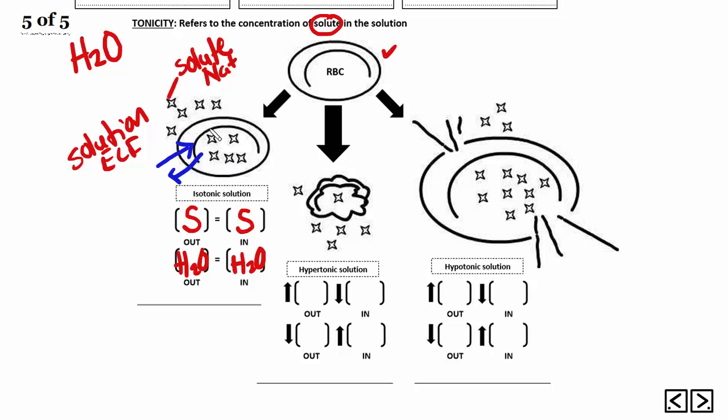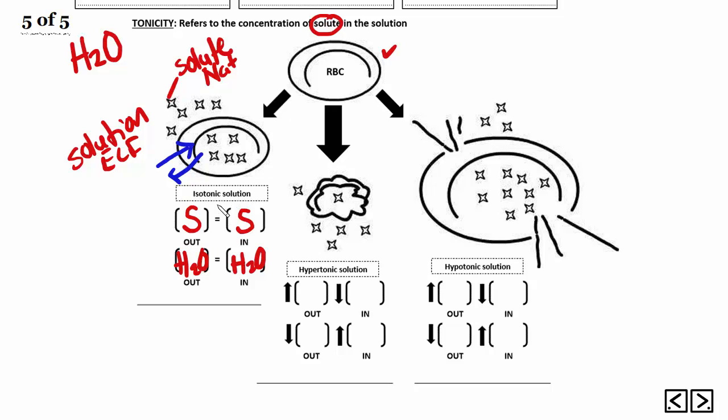The chance of water entering is equal to the chance of water exiting. There's no net flow of water, and therefore the red blood cell maintains its shape and size. It doesn't swell, it doesn't shrink, and it is considered a healthy red blood cell.